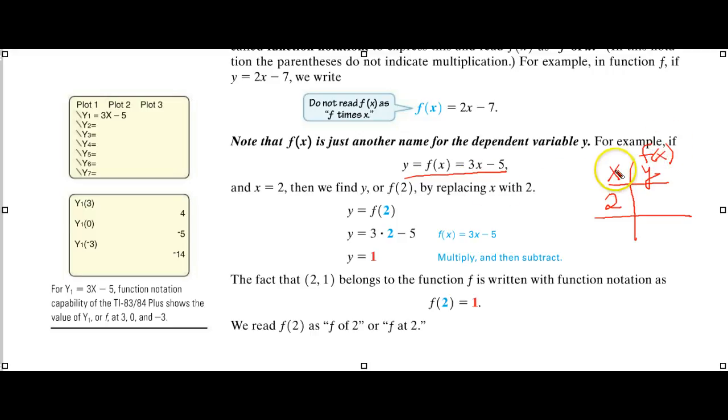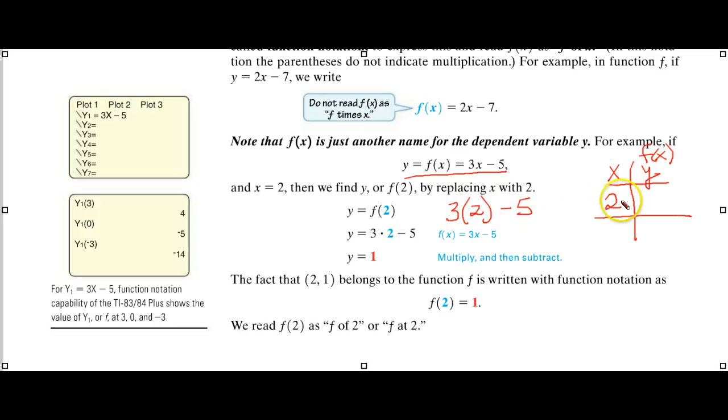If this is your independent variable, what would be your dependent variable? So we would take the 2, put it where the x is, and we get 3 times 2 minus 5.